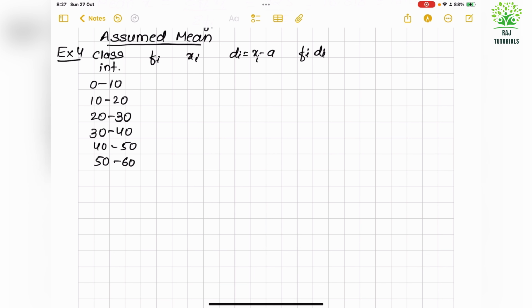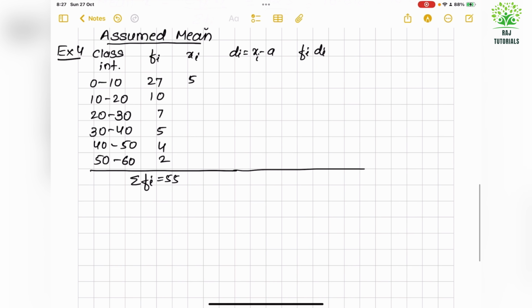And the values I am taking are the same, 27, 10, 7, 5, 4, 2. Naturally the total is also the same, sigma fi equals 55. Again xi, by the same method I will add and bring it to the central value. So I am taking that also as it is.